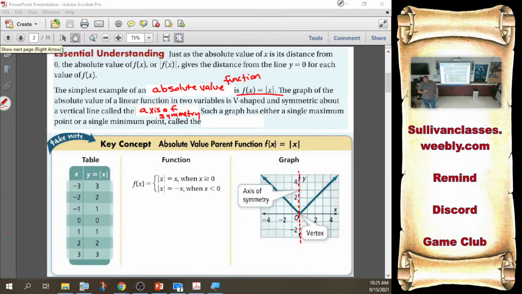Symmetry reflects over. So if I have an axis of symmetry, that means if I know the points over here, and this is 2 to the right, then its compatriot will be 2 to the left. Literally reflects over the line. Axis symmetry is really nice because really you only have to know how to do one side of the graph. If you do one side of the graph, then you just mirror it over to find the other.